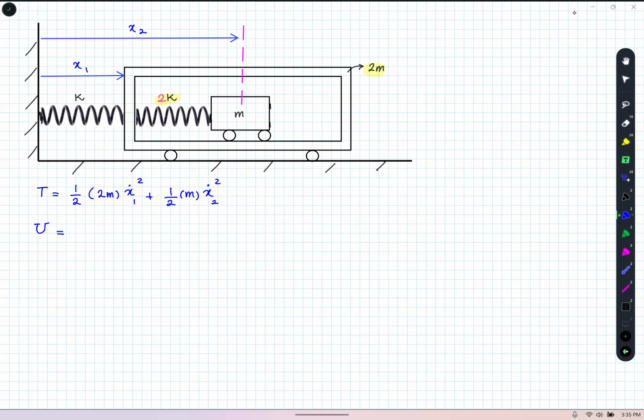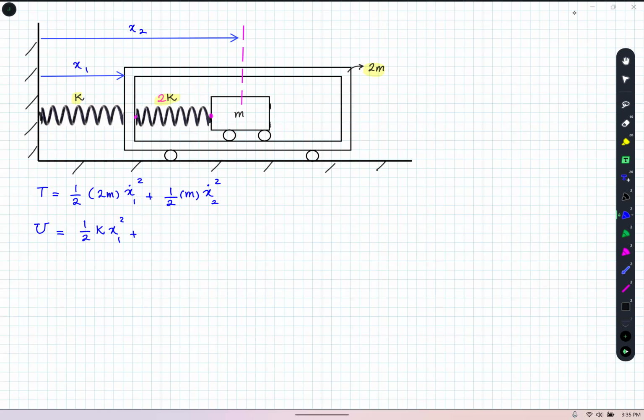So the first spring, K, it just stretched by x1, so half of K x1 squared. Here is the second spring. If we pay attention carefully to the previous problems that we solved, it moves by x1 from one side and is compressed by x2 from the other side.